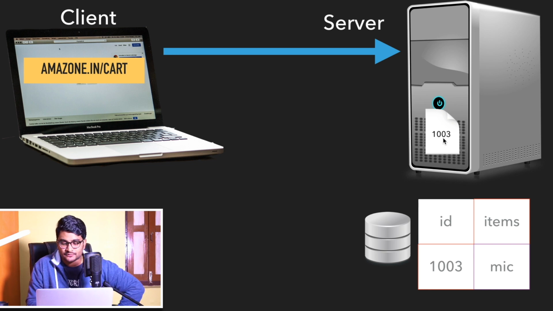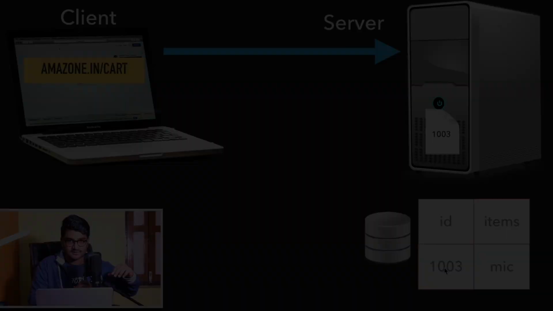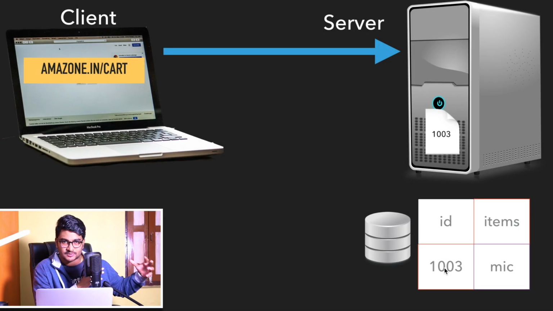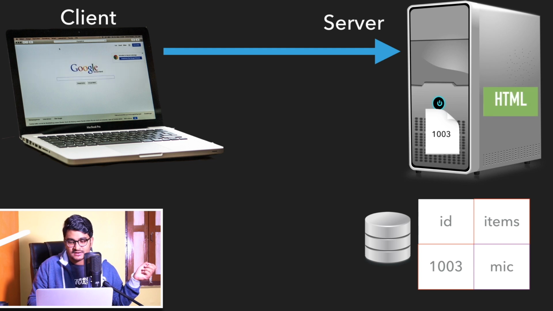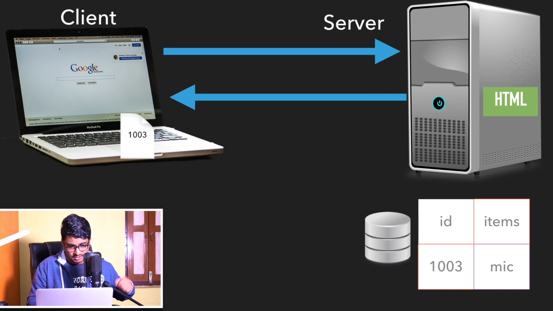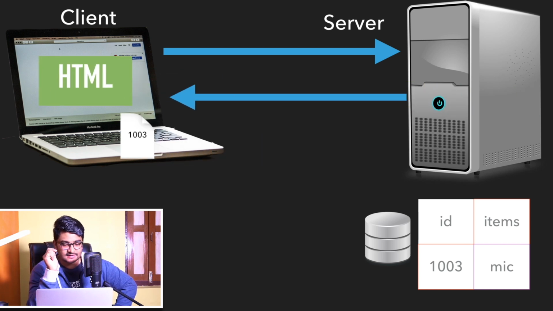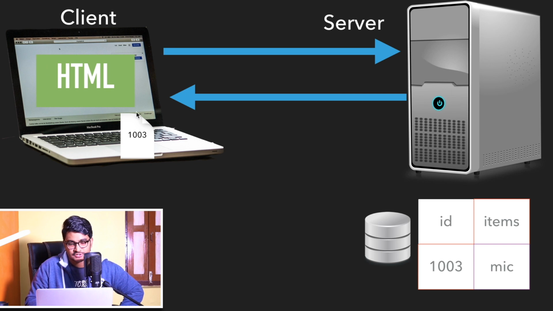The server will find this 1003 from the storage place where it has stored my personal information. It will find that particular items by using this ID, build the specific HTML accordingly, and send this HTML to the client. And again, the cookie came from the server to the client.